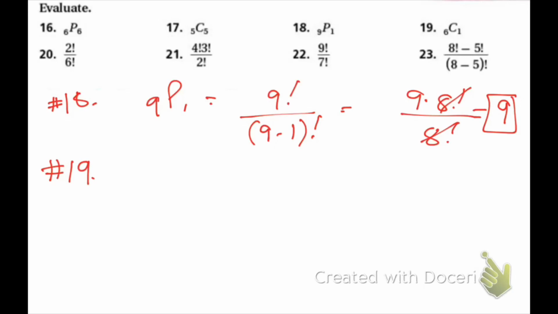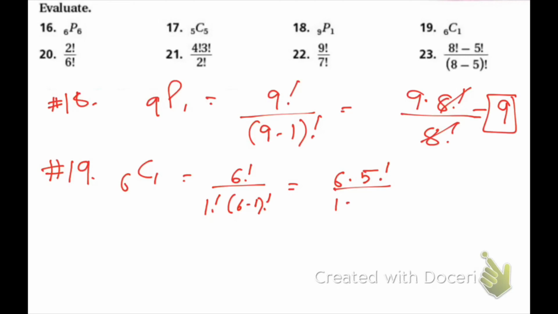Number 19, 6C1, that gives you 6 factorial over 1 factorial times 6 minus 1 factorial. 6 times 5 factorial over 1 factorial, which is just 1. You have 5 factorial, those cancel, and you're left with 6.